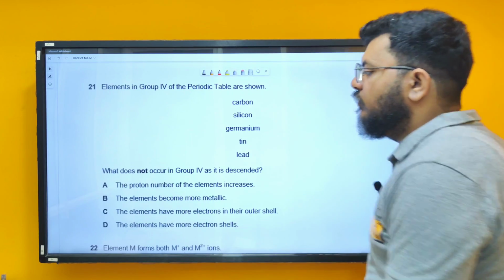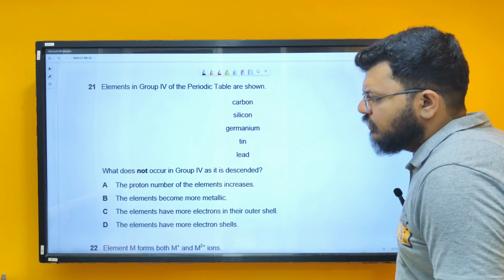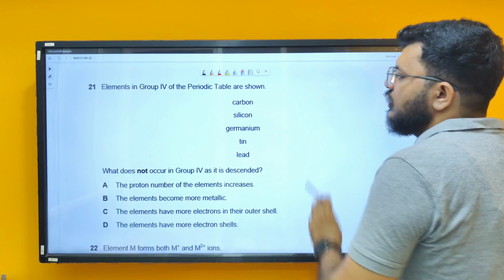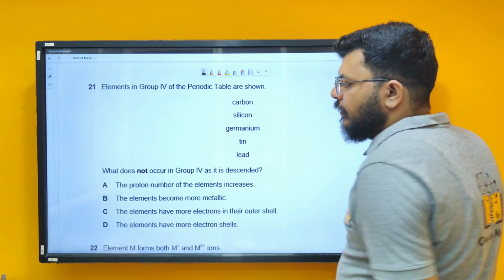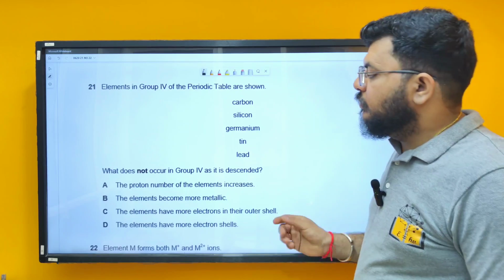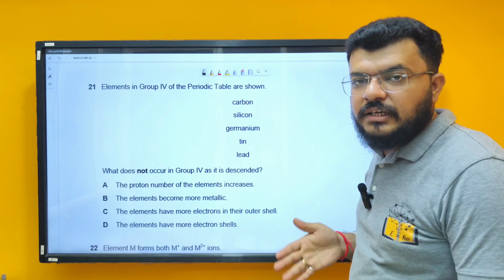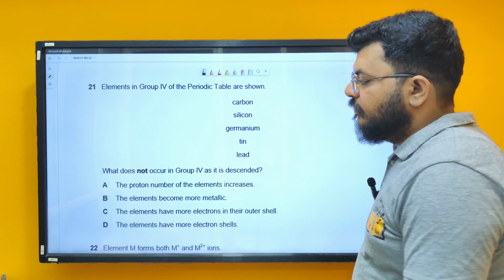Question 21. Elements in group 4 of the periodic table are shown: carbon, silicon, germanium, tin and lead. What does not occur in group 4 as it is descended? Proton number of the element increases. It does, because the shells are increasing, the protons are increasing, electrons are increasing.